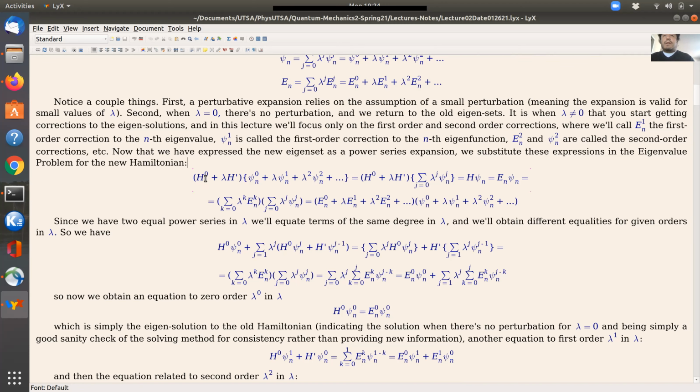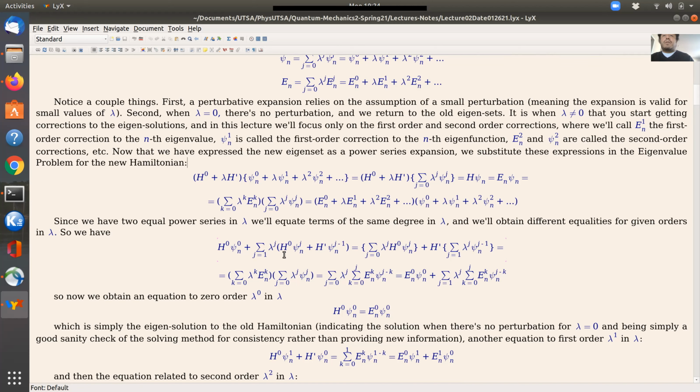So, the first term: what you notice is that this is increasing the degree in lambda by 1. And so there is one single term on this side of the equation that does not depend on lambda, which is this one.